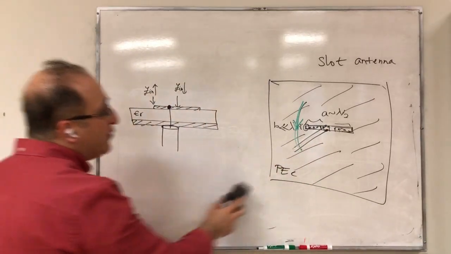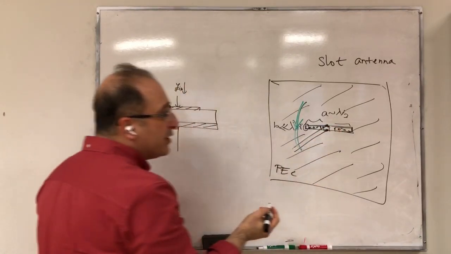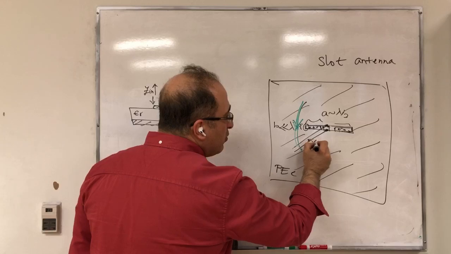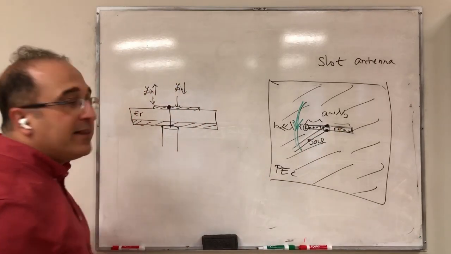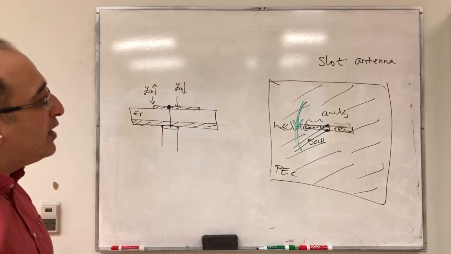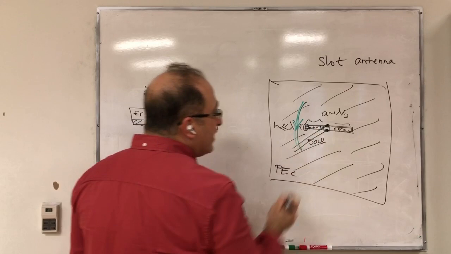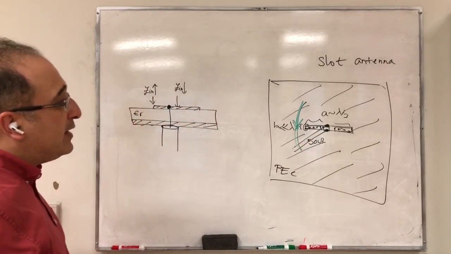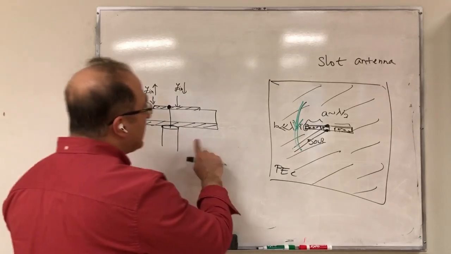So in fact, if you feed it at the center, you're going to have a big impedance mismatch between 50 ohm, which is your line, and the impedance that you're going to see at this point. So that's why we don't feed it there. And if we go here, then the impedance would be very small. So if you compare, it is exactly opposite.